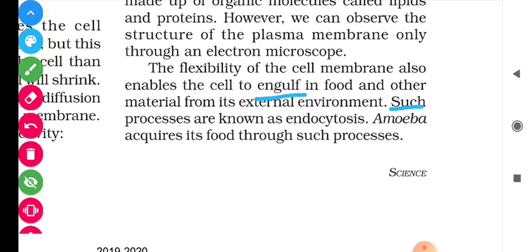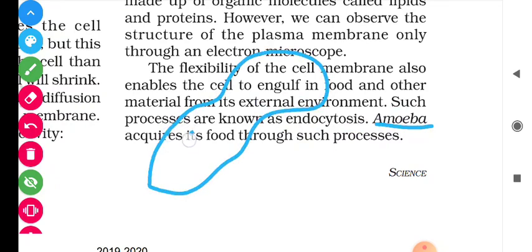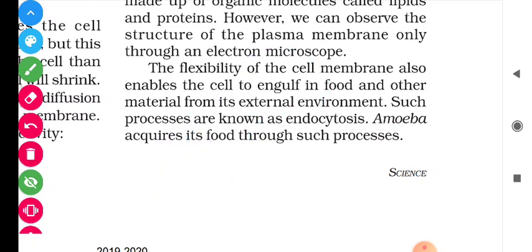Means if solid particles enter or exit the cell, that process is known as endocytosis. Amoeba acquires its food through such processes. Amoeba is a single celled organism which can take in the food with its two jaws, and that process is called endocytosis.